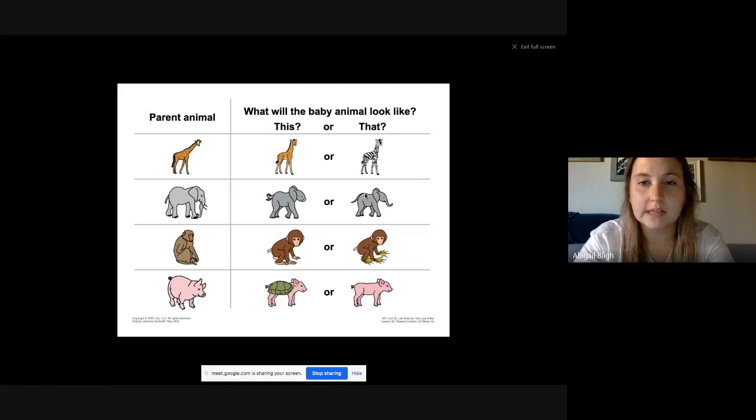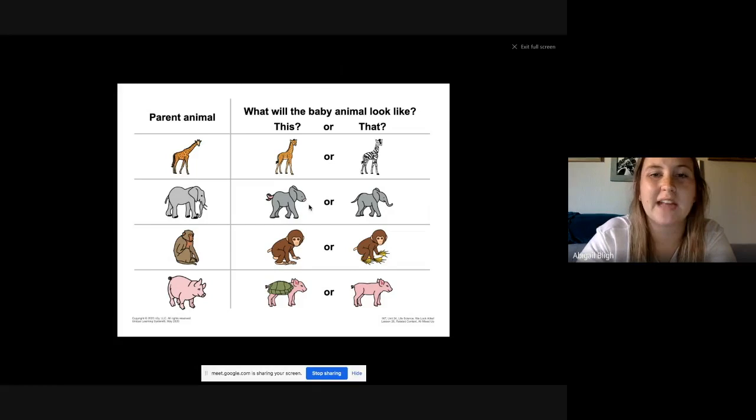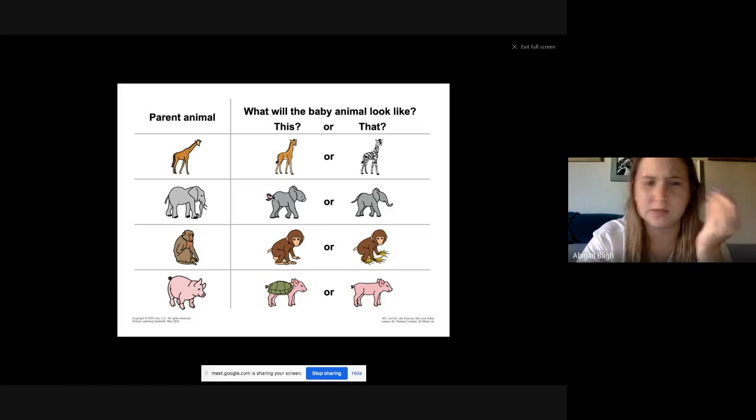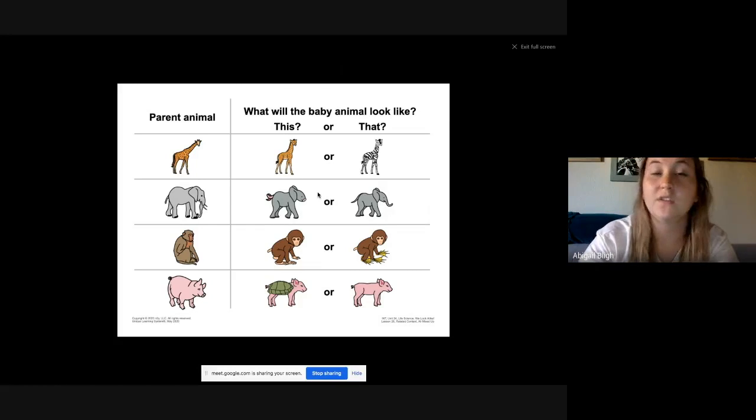Well, I noticed that this one does have a trunk and a tail, but this one kind of has a nose that looks like a pig and a tail that looks like a pig. Would the baby animal of a parent elephant have a pig nose and a pig tail? Or even if it wasn't a pig, would it have a snout like that or a pink tail? No, it wouldn't, because the parent animal does not. So I would know to circle this animal as my answer.